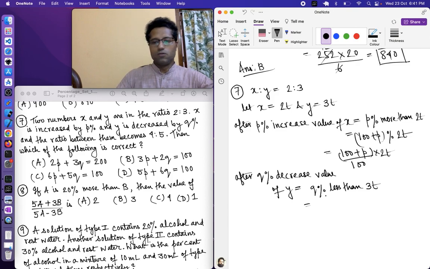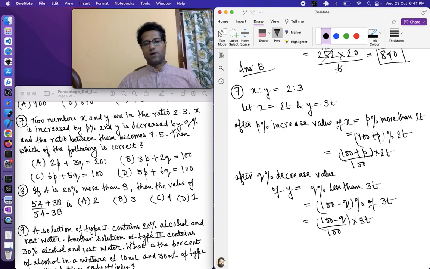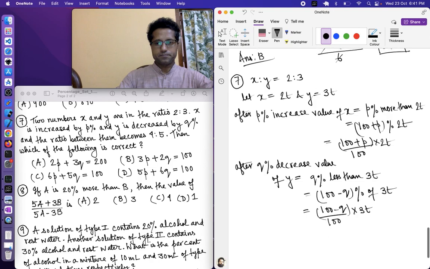This is equal to q% less means 100 minus q% of 3t. This is equal to 100 minus q divided by 100 and then multiplied by 3t. So this is the value of y after it was decreased by q%.